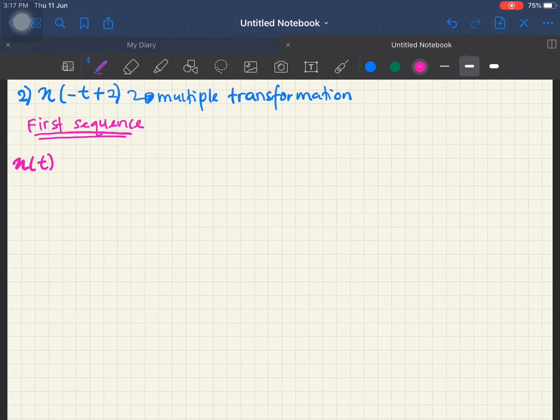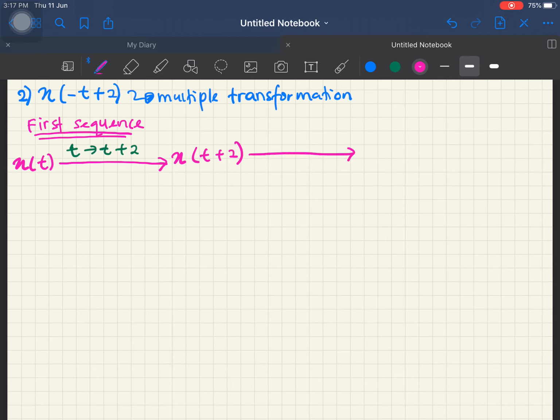Starting from x of t, you do the time shift first, a time shift of t plus 2, and so you will get x of t plus 2.